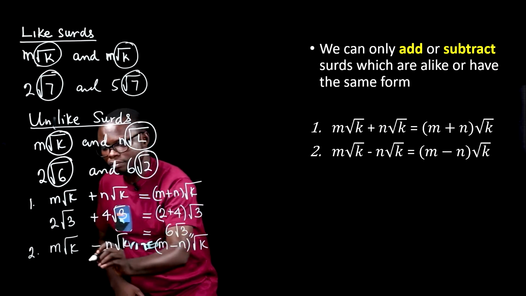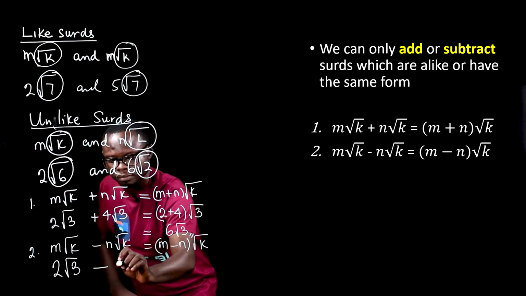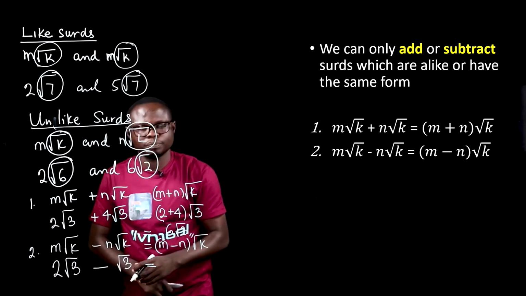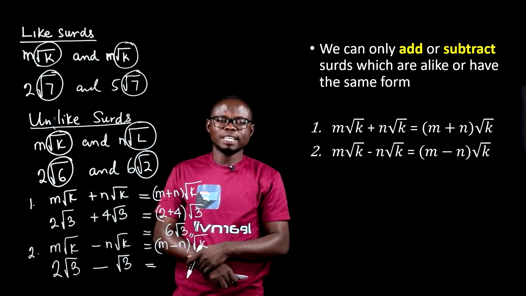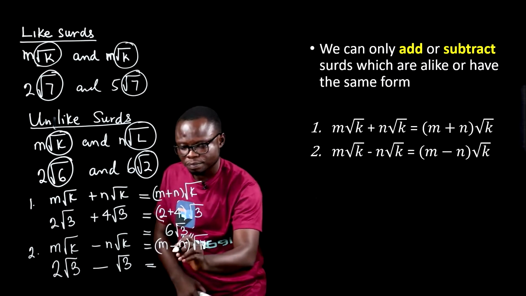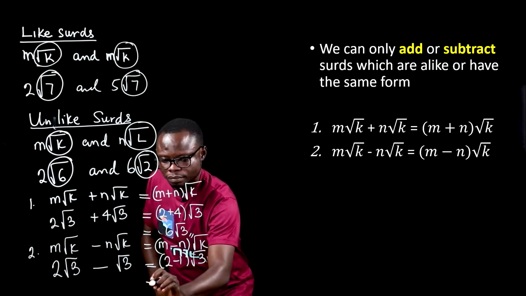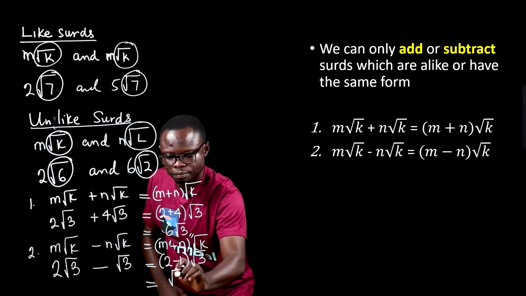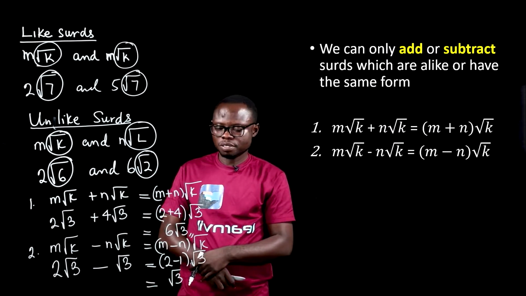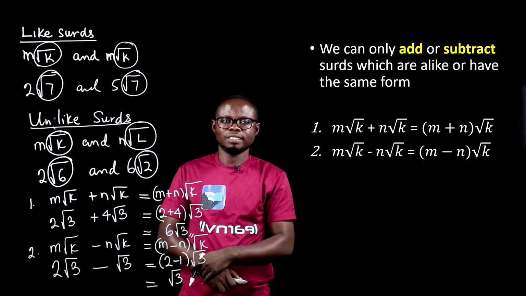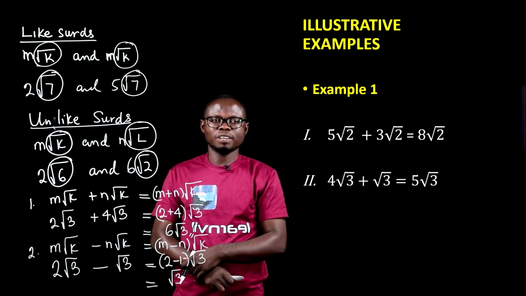Example, 2 root 3 minus 1 root 3. So 2 root 3 minus 1 root 3 becomes 1 root 3. Let's take some more examples.